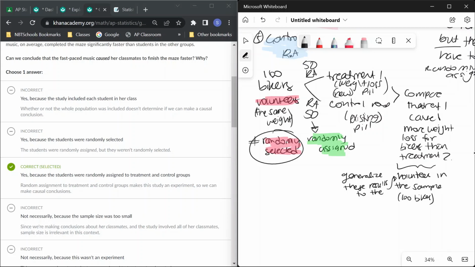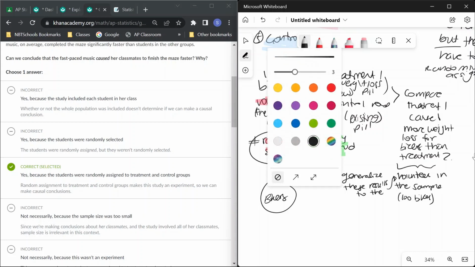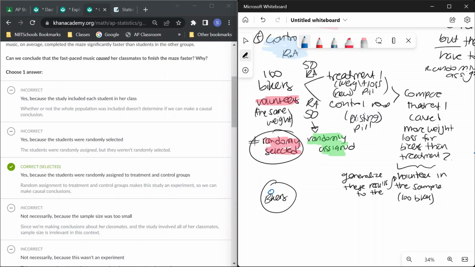That would be if we have a population of all the bikers, and you would take an SRS, a sample from the population, and that would be your group. So that would be your 100 bikers, and then you would randomly assign 50 and 50, etc. That is what randomly selected looks like.